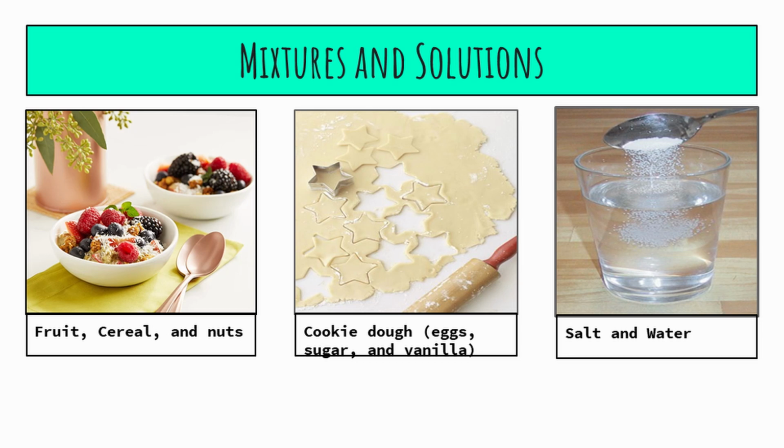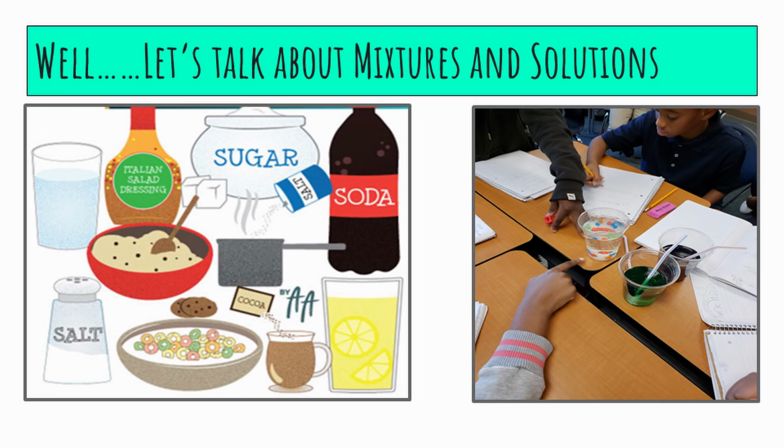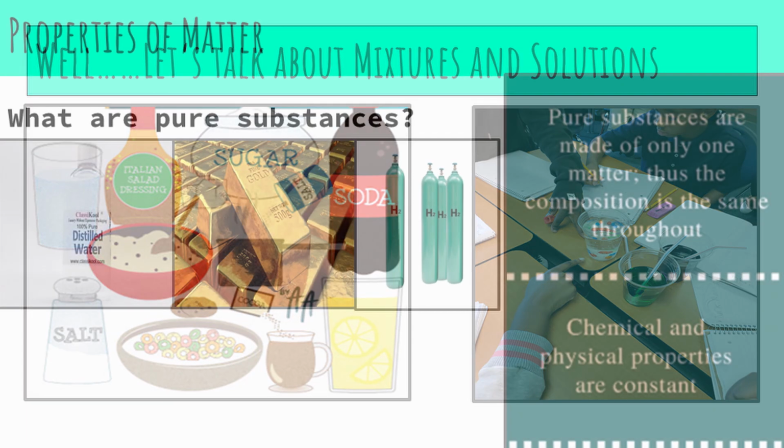Can you see the cookie dough ingredients separately in my picture? And lastly, something really weird happened to me the other day. Can you guess what? I mixed some salt into my water and it just disappeared. What's up with that? So now that our scholars are excited and curious, let's talk about mixtures and solutions.